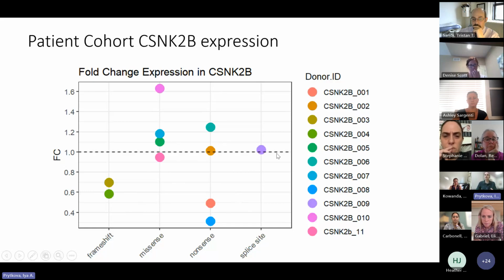And then there are some that so far don't seem to have a difference in expression. So that means the changes are just happening at a different level other than RNA. So we are in the process of replicating this, incorporating our new patient lines to further characterize this cohort at both the RNA as well as the protein level.